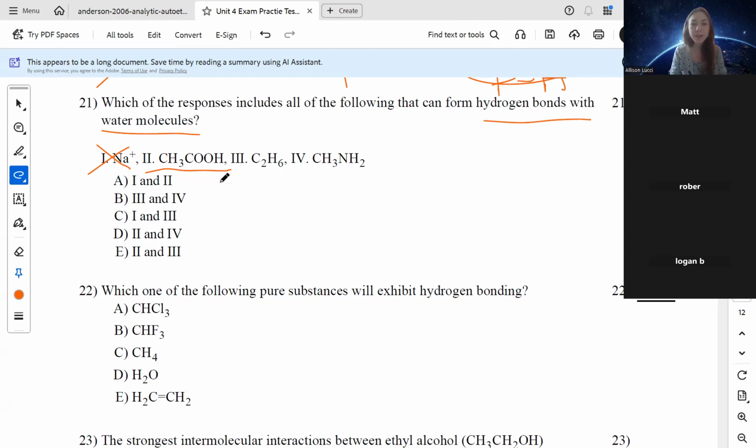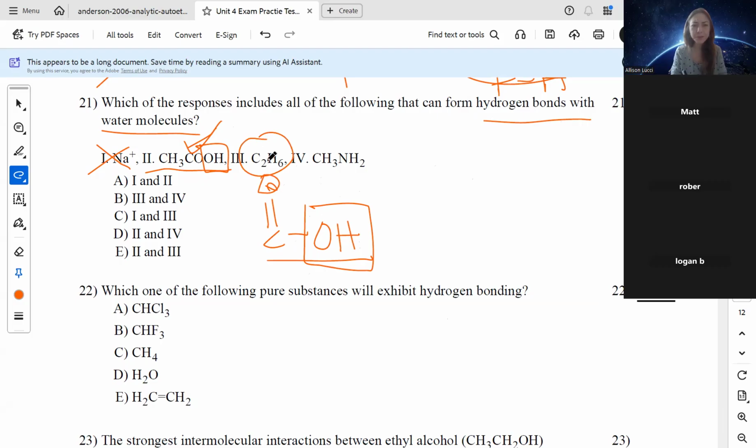You don't need to know the type of compound here, but you need to notice that we have this OH group. If we drew the Lewis structure, we have this CO double bonded up here, and then we have an OH group. So this is the portion that can hydrogen bond. So I'm going to say yes for compound 2.